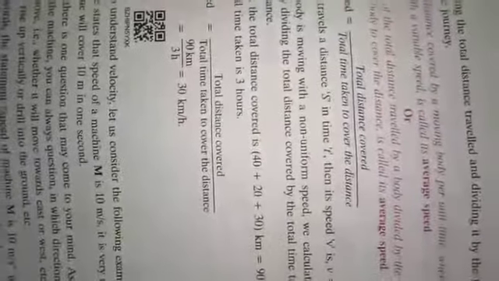The bus covers 30 km in the first hour, 20 km in the second hour, and 10 km in the third hour. So the total distance covered is 30 plus 20 plus 10, which is 60 km, and the total time is 1 hour plus 1 hour plus 1 hour, that means 3 hours.